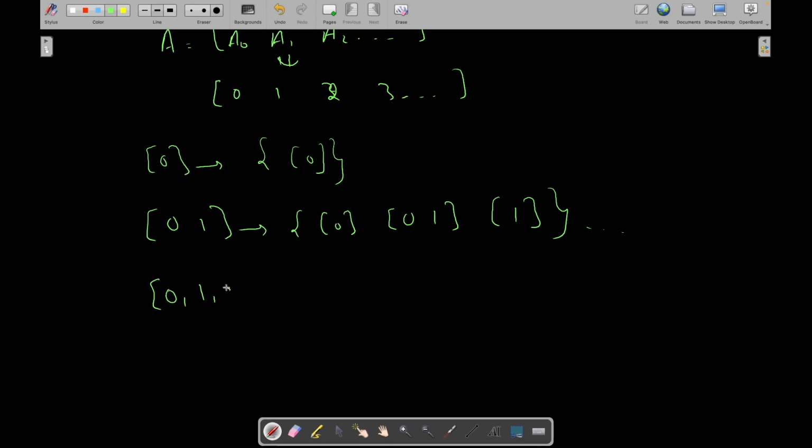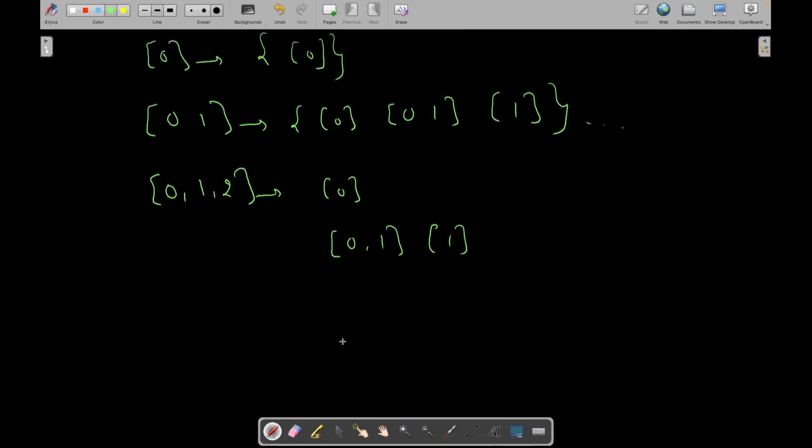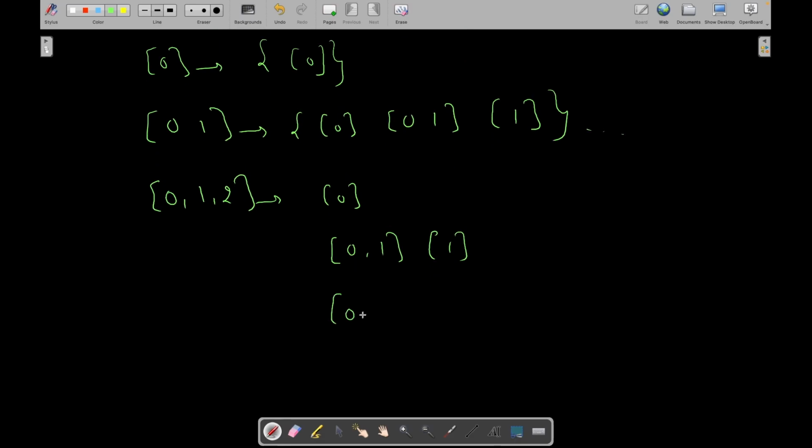If we had 0 1 and 2, my subsequences will be 0, 1, 2, 0 1, 0 2, 1 2, and 0 1 2. Am I missing something? So these are the 7 subsequences that will be possible for the 0 1 2 case.